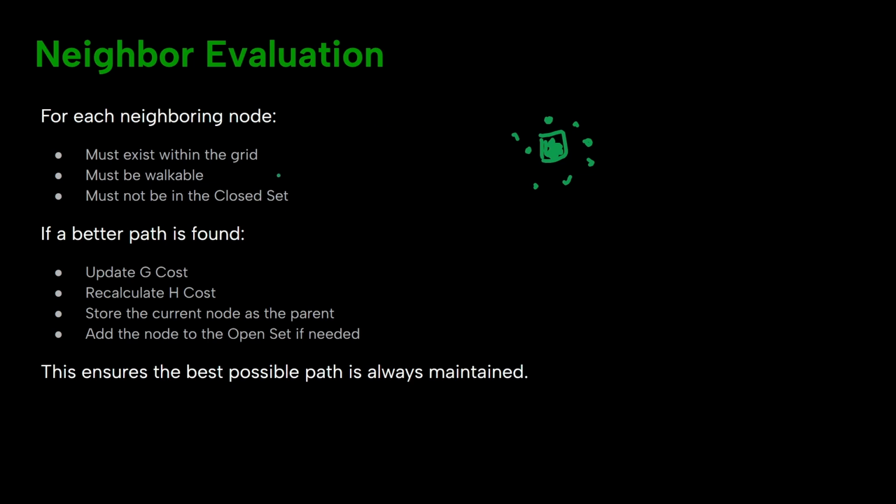Okay, and if we find a path from start to target, then we have to update the g cost and h cost, and we have to store those nodes in a proper data structure, and after that we can determine the best possible path. These are quite straightforward things that we have already discussed.